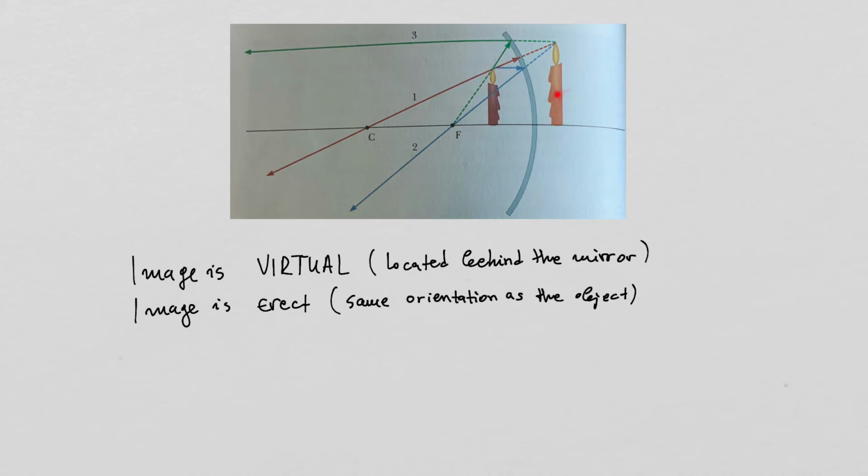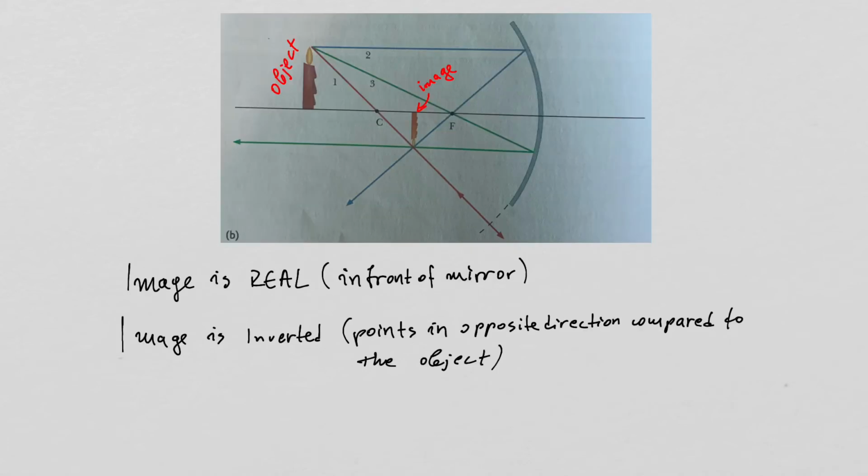So the size of the image is larger than the size of the object. In the previous example, it was the opposite. The size of the image was smaller than the size of the object. So that means that a concave mirror has magnification. We're going to talk about the magnification of curved mirrors when I discuss the equation of mirrors.